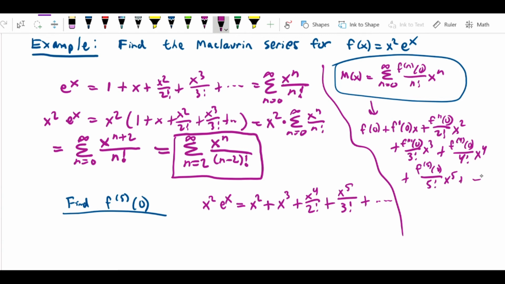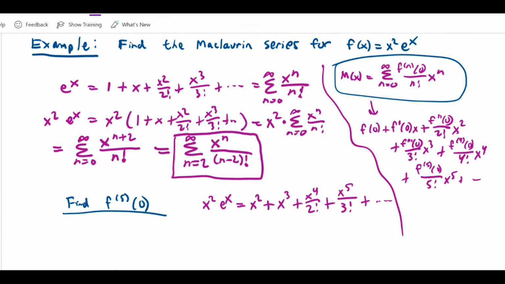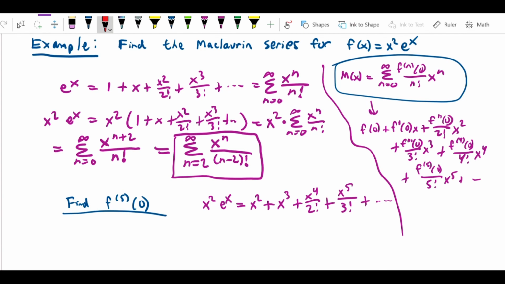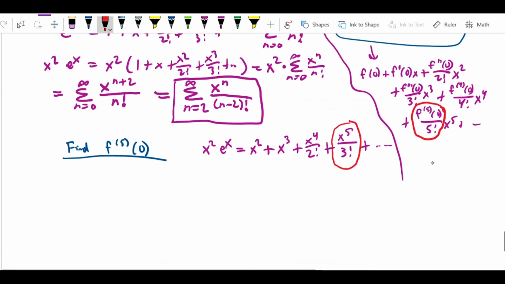The point is, whatever term has an x to the 5th in it, its coefficient has to look like this in order for it to be a Maclaurin series. So let's focus on this term.